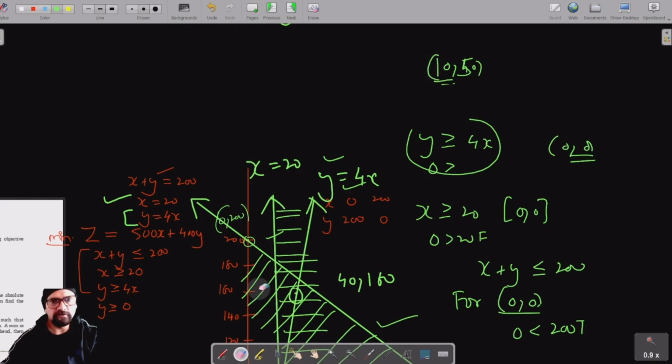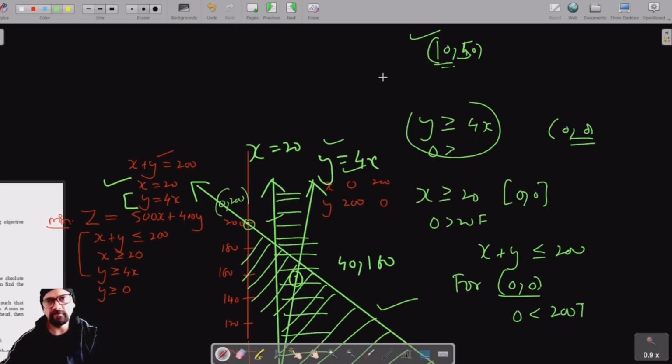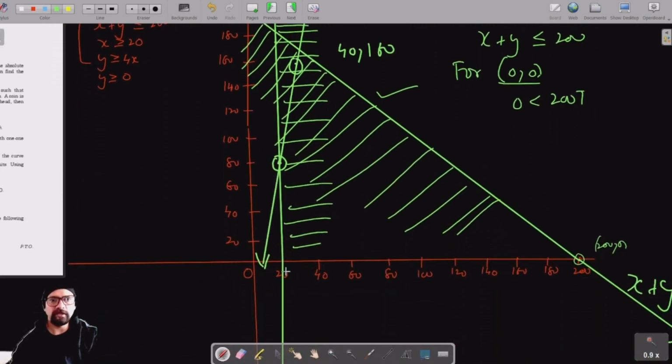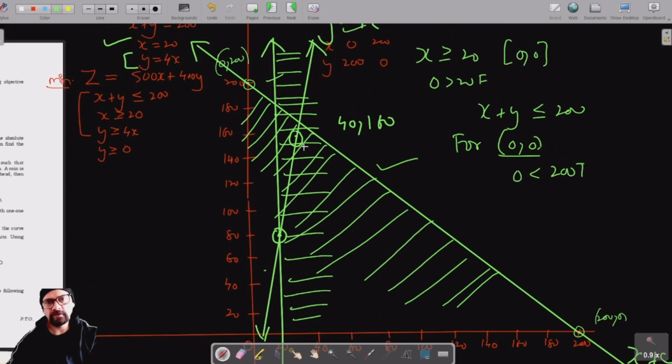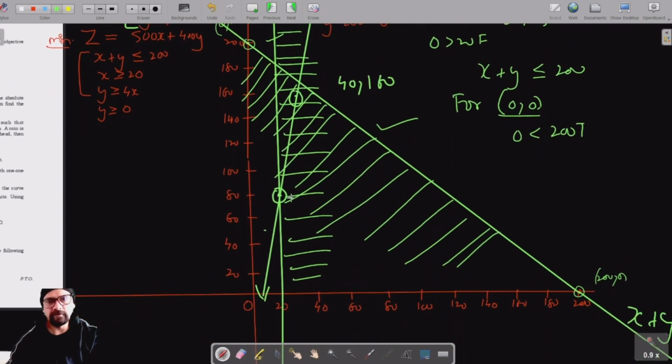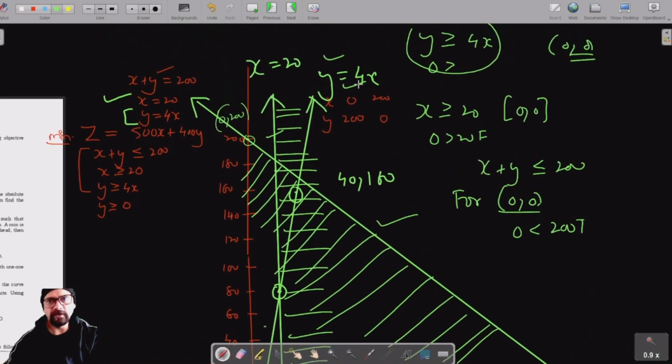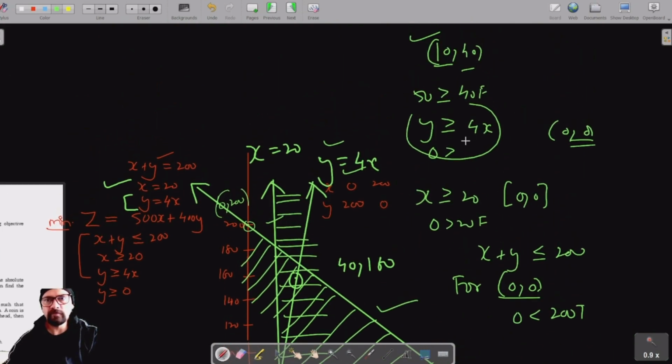I'm going to check this inequality for 10, 50. y is 50, and 50 is greater than 4 into 10, which is 40, which is true.